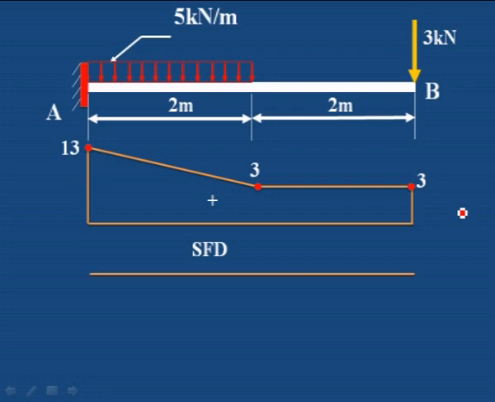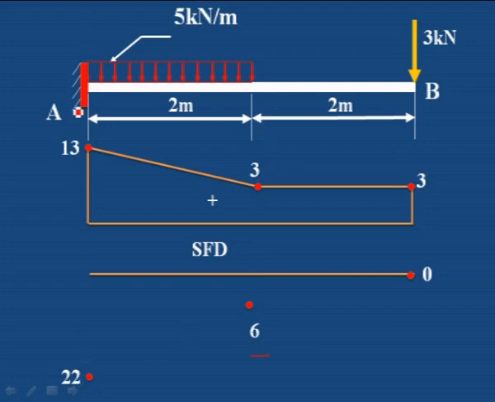To draw the bending moment diagram, first draw the horizontal line, then mark these points. Starting here at B point, it is 0, then here it is 6, because 3 into 2, 6 kilonewton meter is the bending moment at this point, C point.